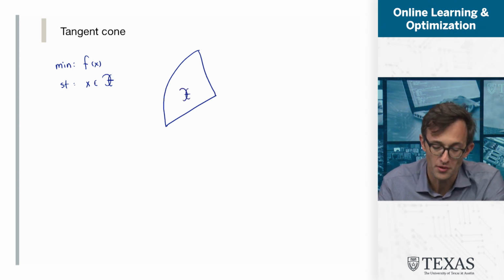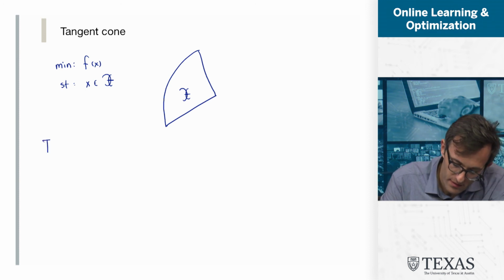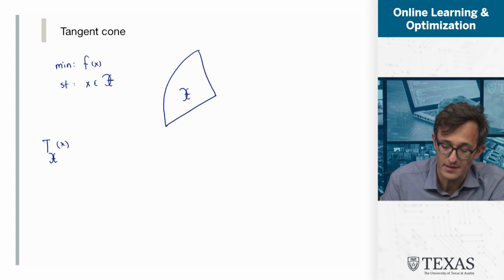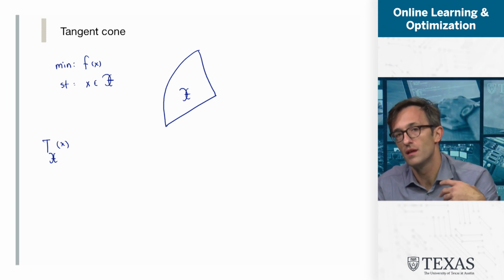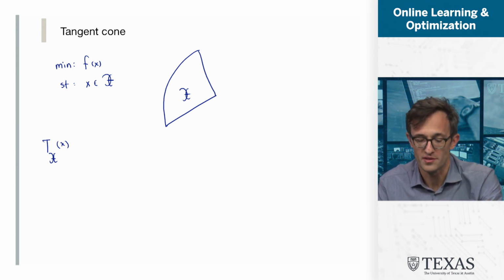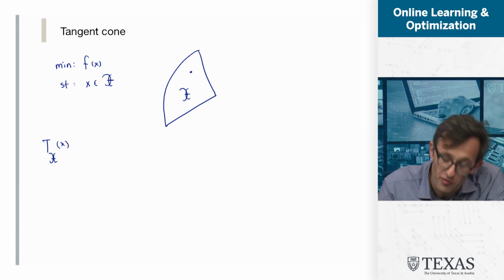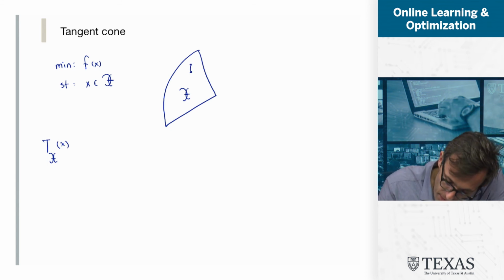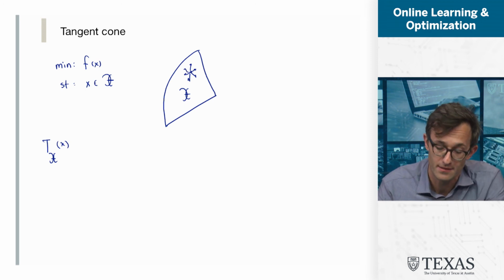The tangent cone of X at any point in X is defined as basically the closure of all directions you're allowed to move in. So what's the tangent cone from an interior point? Well, I can move in any single direction and stay in the set.